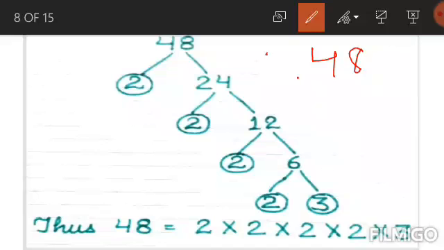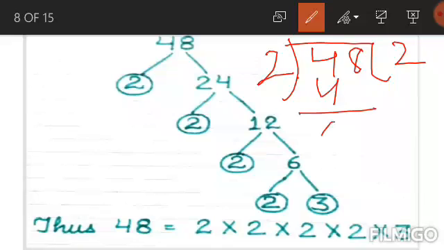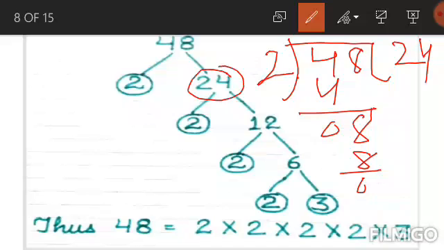And when we divide 48 by 2, we get 24. So we will write here 24. After that, we will divide 24 again with the prime number, that is 2.